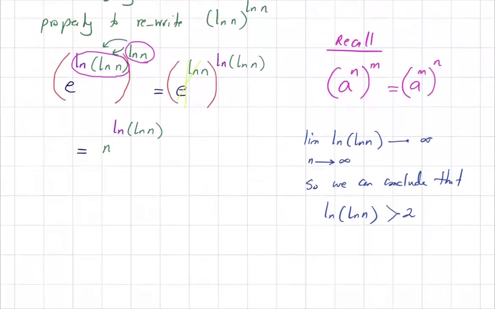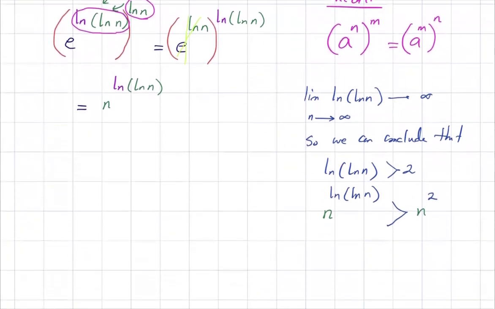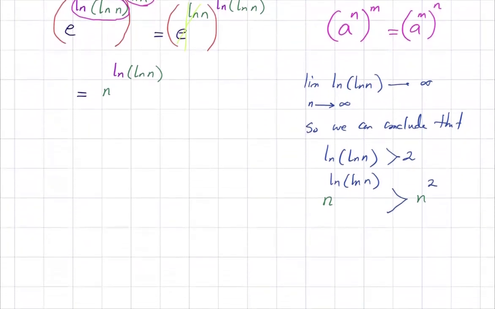Since ln of n is more than 2, it means that n raised to power ln of n must be more than n to power 2. What's the meaning of that? It means that if I flip this, you get 1 divided by n to power ln of n less than 1 divided by n squared.